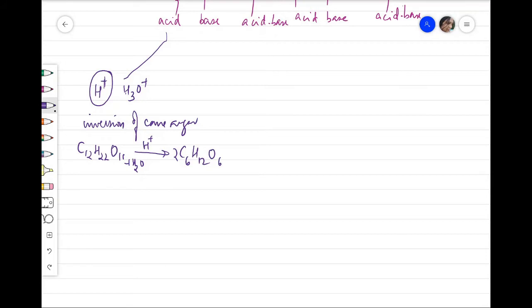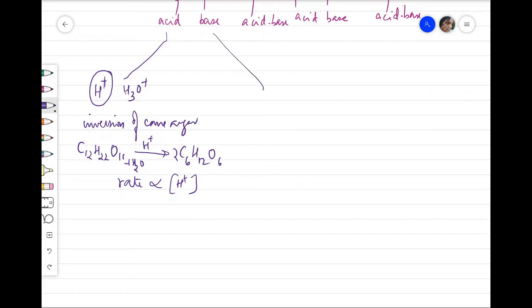I just wrote it generally; actually, you have two different molecules. Anyway, here we see that the rate is directly proportional to the concentration of H plus ions.